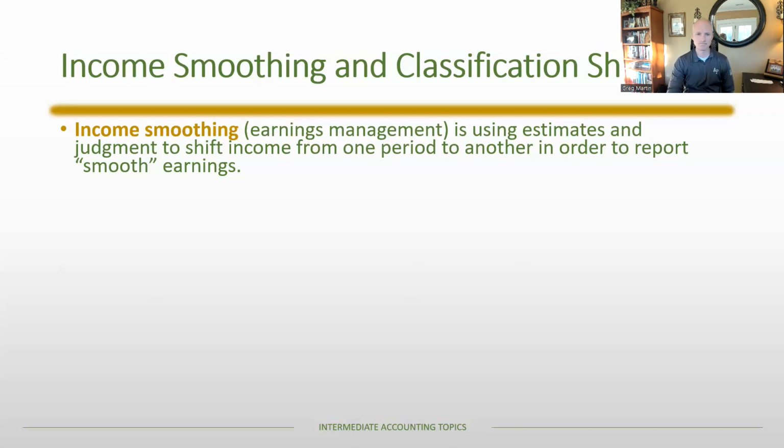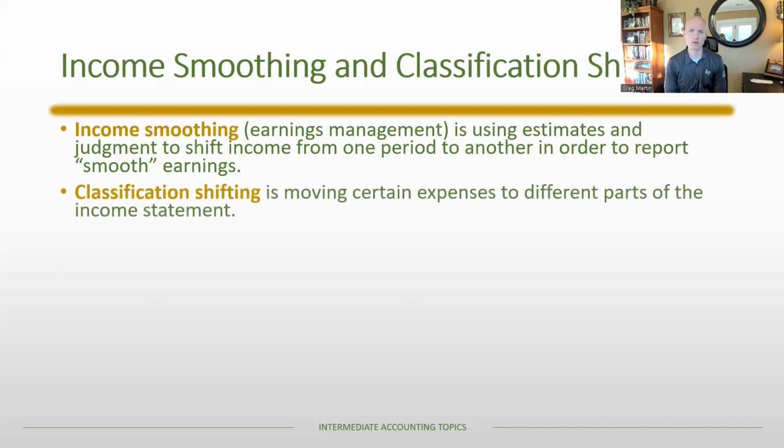The other thing is called classification shifting. And the biggest one of these, in my opinion, is distinguishing between cost of goods sold and operating expenses. And even maybe more so in other operating items. You can see a shift maybe between those things. When we talk about income or classification shifting, what makes something a non-operating item versus an operating expense?